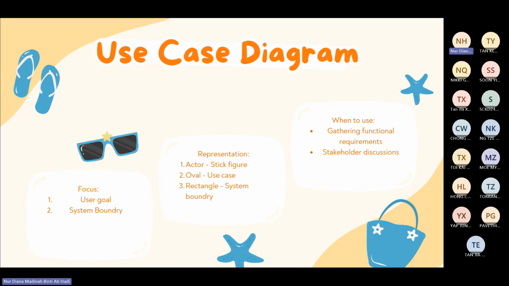You need to have an oval to show your use case. And you need to have a big rectangle box to show the system boundary, where you need to capture all of the use cases inside your system boundary. Okay? And you use it when you want to gather all the functional requirements for the sake of your stakeholder discussion.